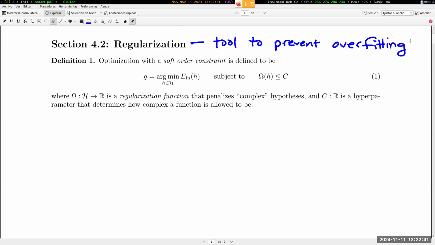Last time we talked about the soft order constraint. The big picture idea is that this "subject to" here is like a constraint inside of our hypothesis class.